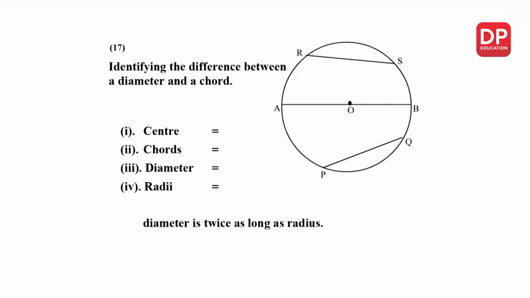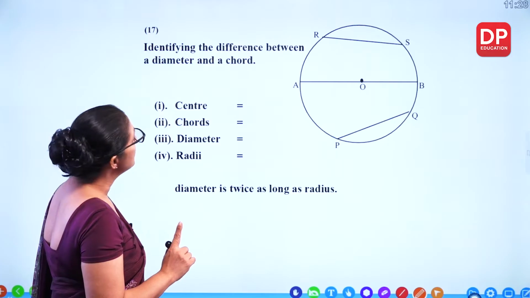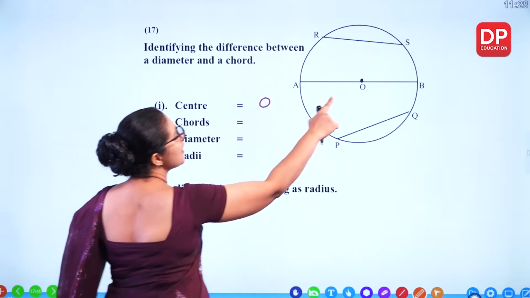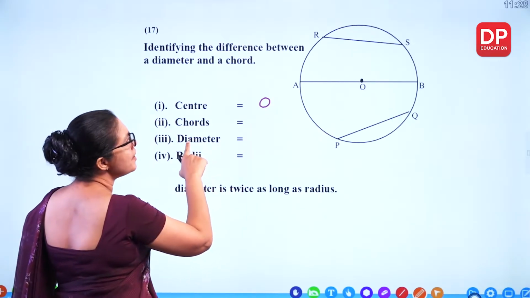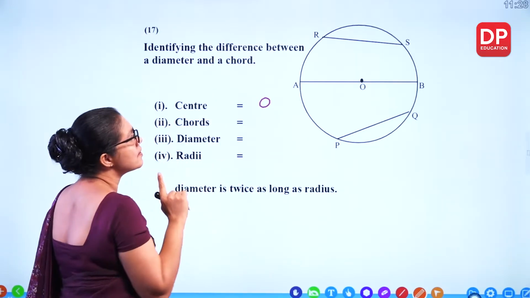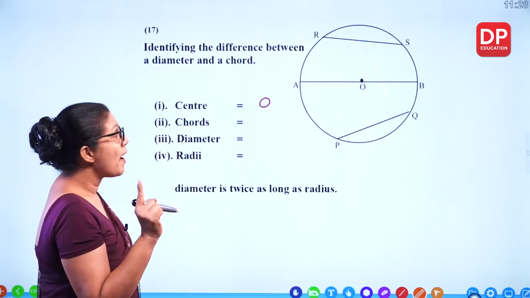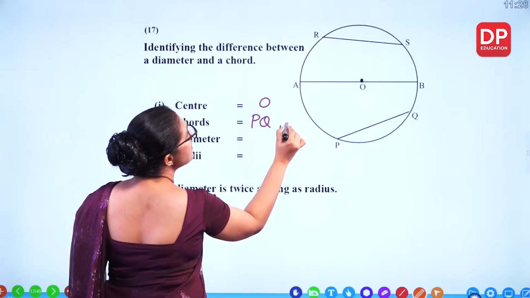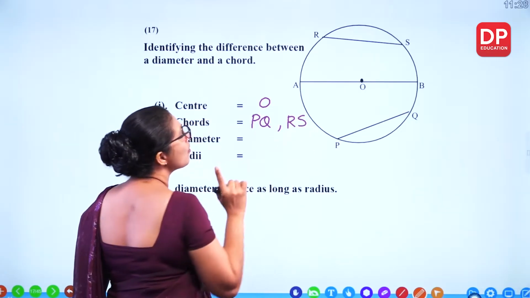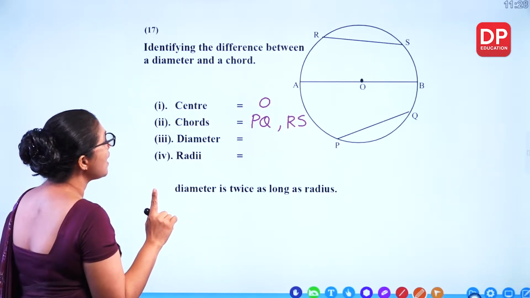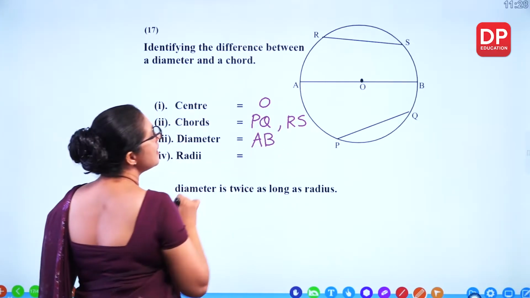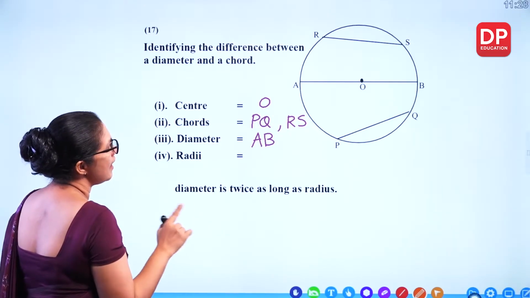Look at this diagram, identifying the difference between a diameter and the chord. So center is O. Chords, what are the chords? You can see the lines not passing through the center. So PQ and RS, both are chords. What's the diameter? Diameter is the AB length.